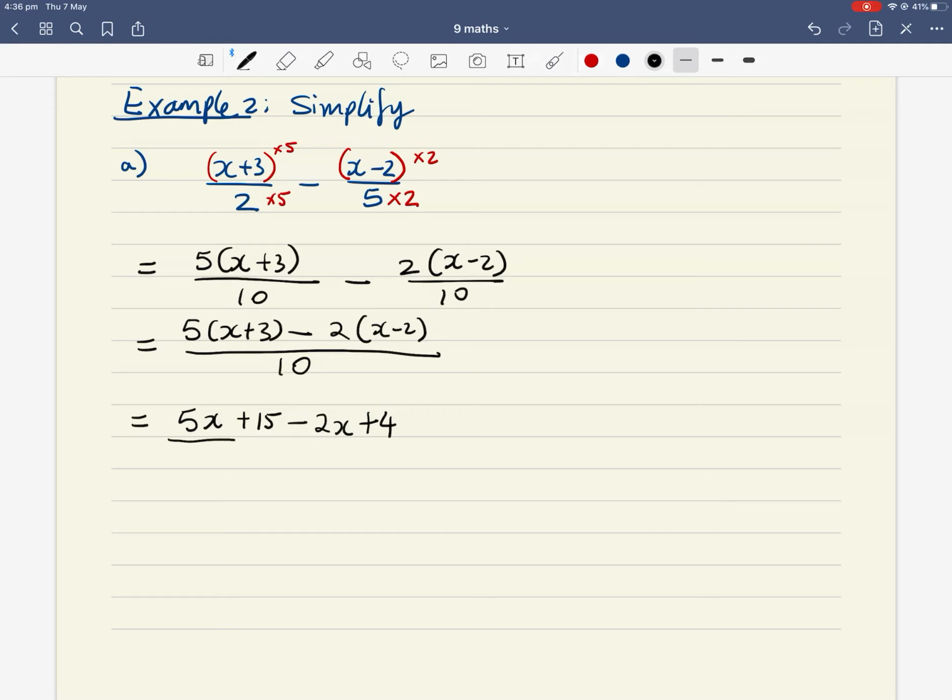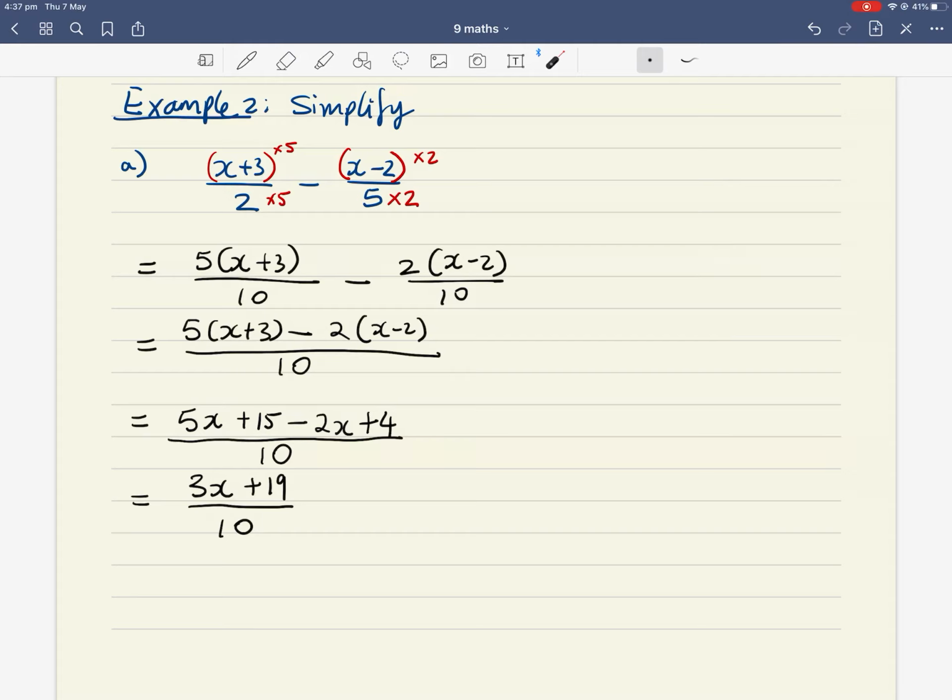Minus 2 times minus 2 gives you a positive 4, all over 10. Then you gather your like terms on the top. So 5x minus 2x is 3x. 15 plus 4 is a plus 19, all over 10. And then do a check. Can I factorize anything? Can I simplify anything? No. That's it. That's your final answer.